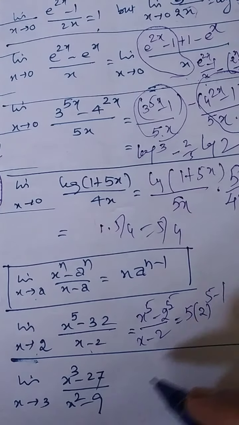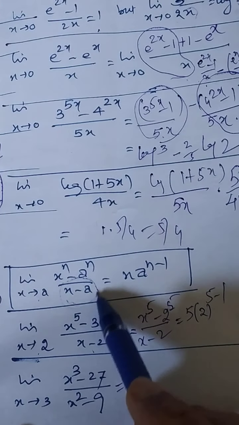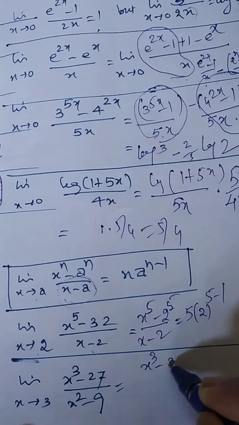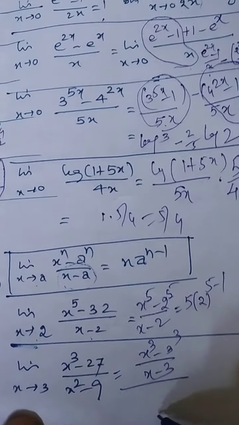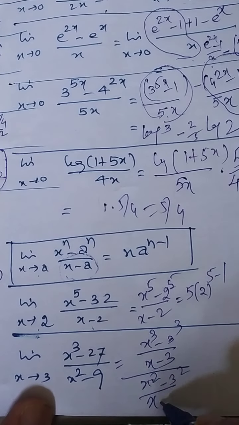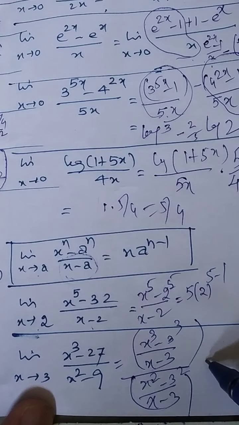In this case, what is the difference? One more thing, here the denominator should be a linear expression. So x cube minus 3 cube, that is 27, and x minus 3, an additional part I have to write. Over here x square minus 3 square upon x minus 3. Now this becomes a separate formula. How should I write?